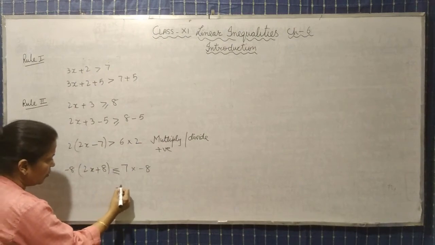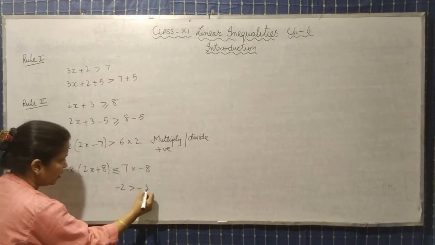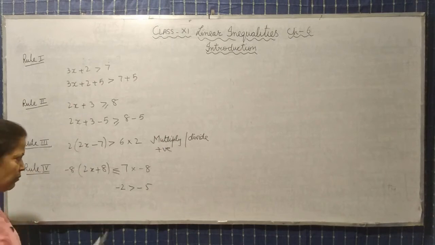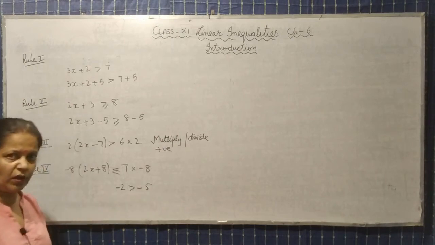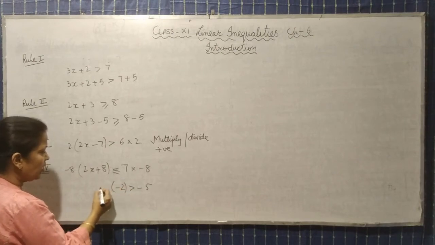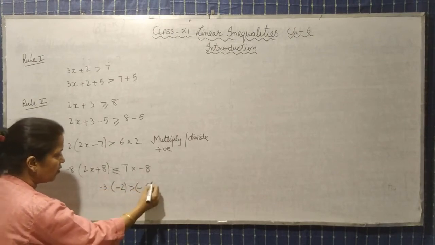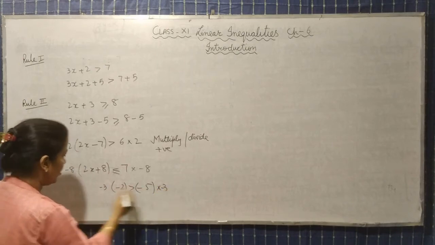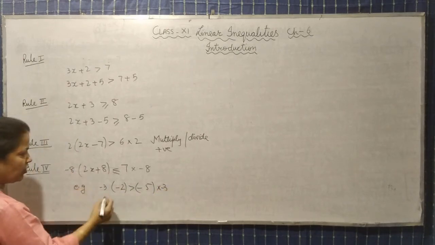Suppose that -2 is greater than -5. Now we will multiply both the sides with -3. Let's see what result we will get.